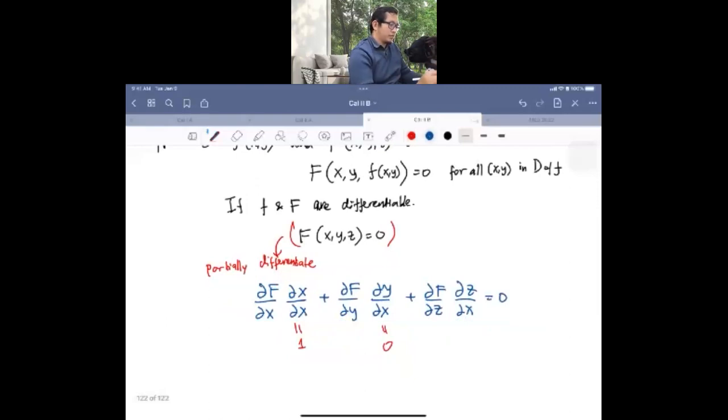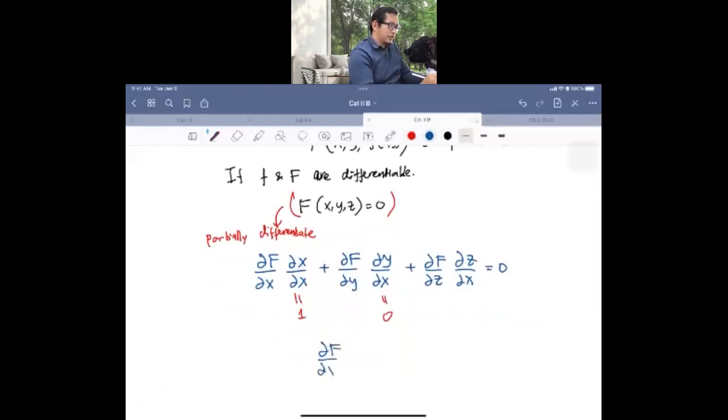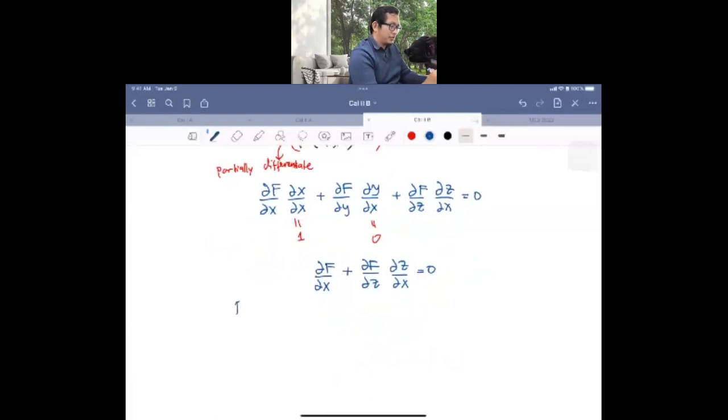And of course, this equation becomes dou f dou x plus dou f dou z dou z dou x equals 0. Now, if dou f dou z is not 0, we can solve for dou z dou x.